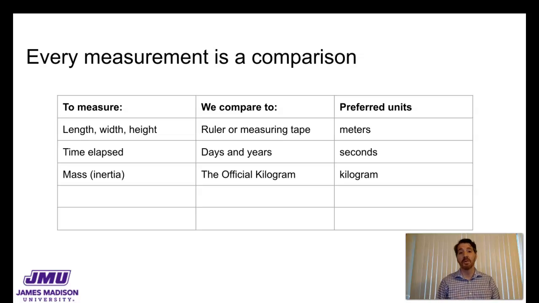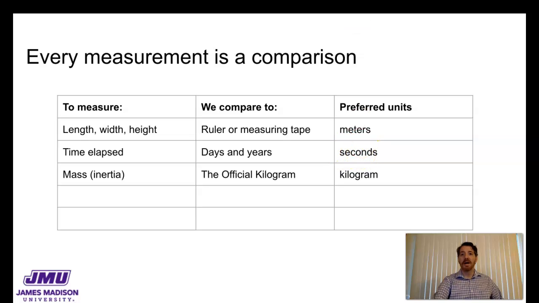Time elapsed is also measured in comparisons. It's usually multiples of or fractions of years and days. So if something takes an hour, we know an hour is defined as 1/24th of a day, and minutes and seconds as fractions of that. Technically, seconds are defined by physicists according to the vibration of certain cesium atoms under certain conditions.